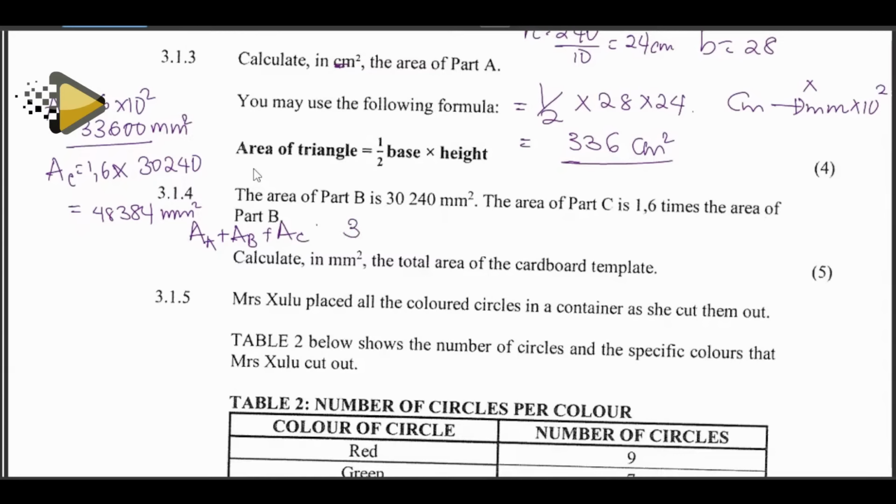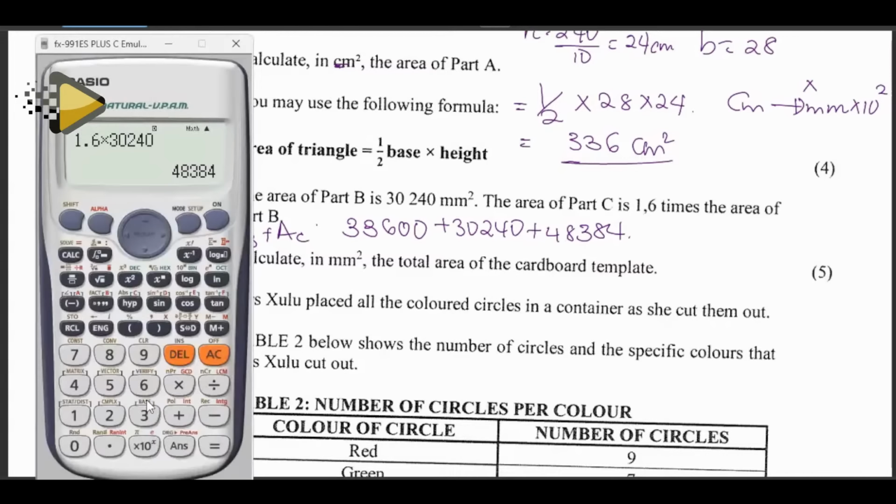So we are adding now 33,600 plus 30,240 plus 48,384. Add everything up and you see what we get.